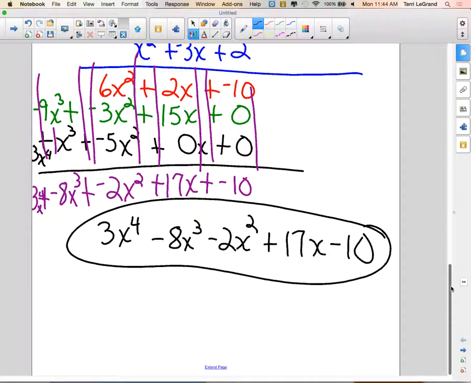Okay. So just by looking at the papers when I went around to stamp, it appeared that the more popular method is the rectangle method. But there are some of you who do like vertical. So you get to use whichever one works for you. Okay? Anybody have any questions?